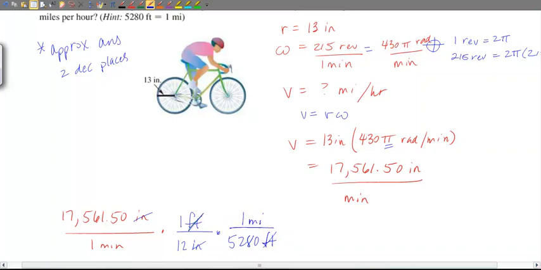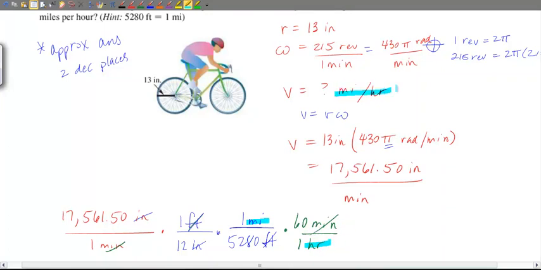The next thing I'm going to convert is minutes into hours. So I know that there are 60 minutes in 1 hour. So minutes is gone over here. And so I'm going to check to make sure I've done this right. I'm left in miles per hour, which is what I needed right here.